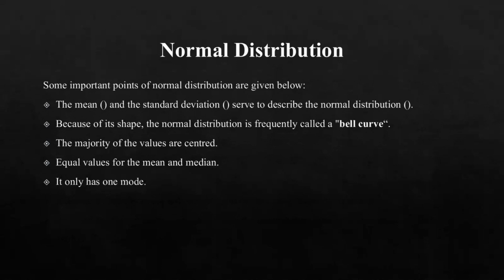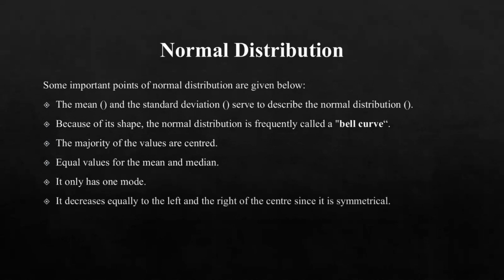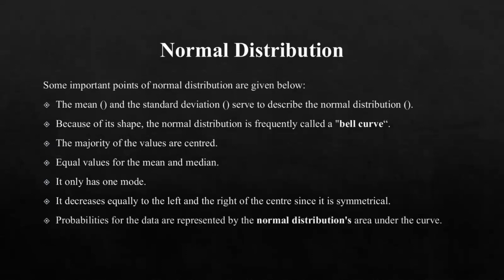It only has one mode. It decreases equally to the left and the right of the center since it's symmetrical. Probabilities for the data are represented by the normal distribution's area under the curve. 100% of the area under the entire curve is present.